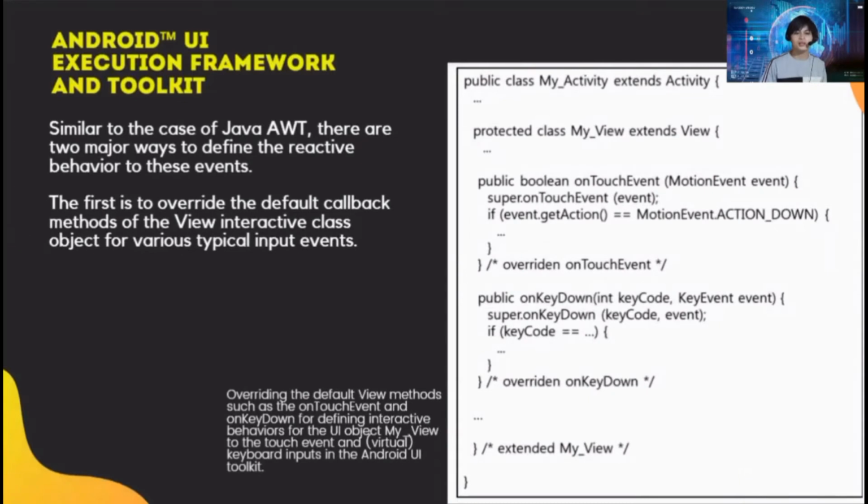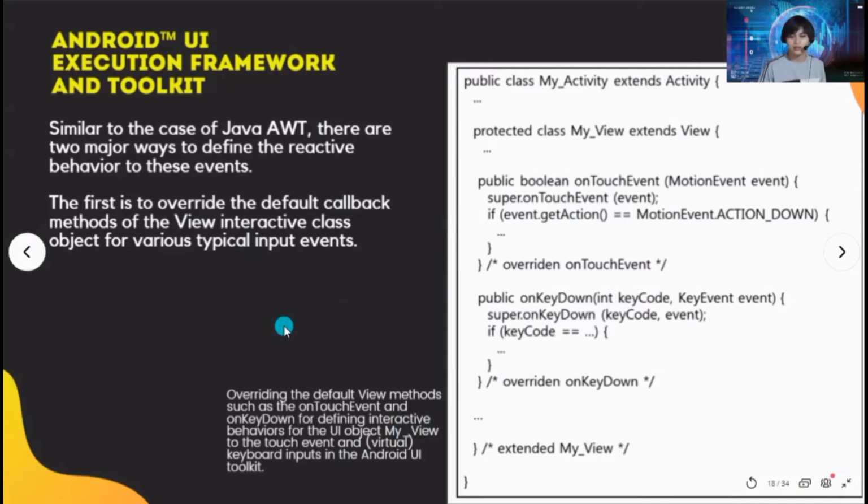And similar to the case of Java AWT, there are two major ways to define the reactive behavior to these events. So the first is to override the default callback methods of the View interactive class objects for various typical input events. So this is an example.